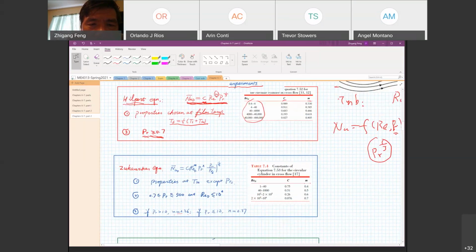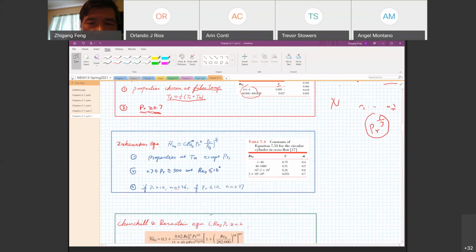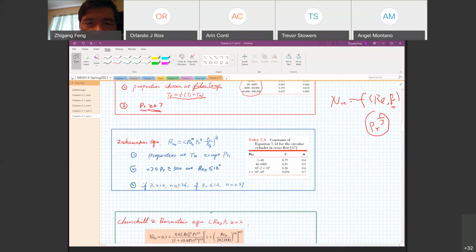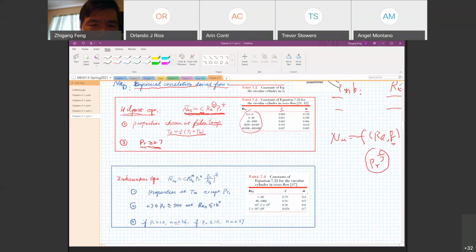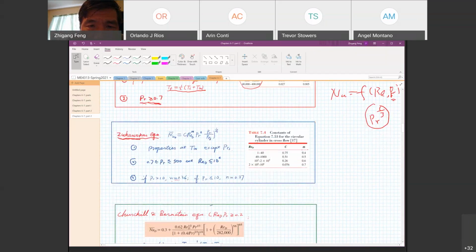For cross flow over a cylinder, we have quite a few, but our textbook provides three correlations. The first one is Hilpert. The second one is Zukauskas's correlation, which is a little more complicated compared to the Hilpert correlation.